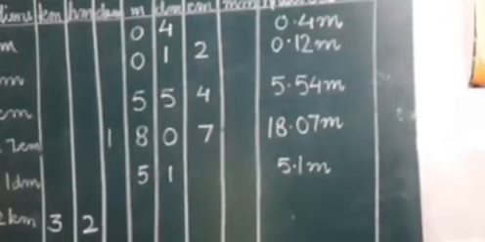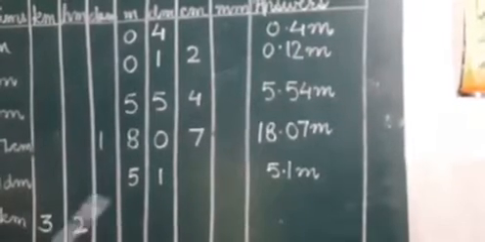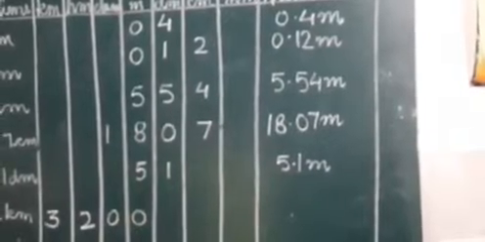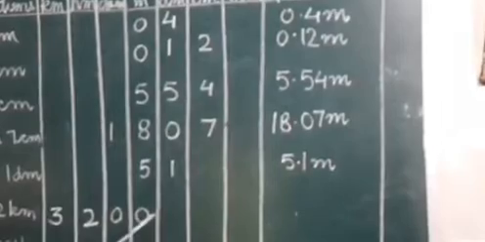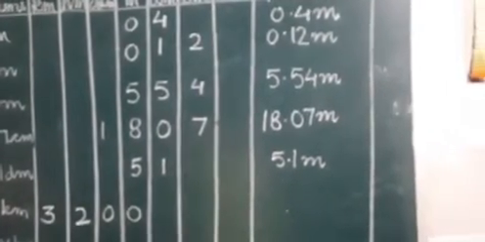Now we have to convert into meters. Now meters column is here. So these two columns are blank. So what we will do? We will put zeros over here. So my number will be 3200 meters. Now here decimal is not required. Why? Because we have no other number after this. So my answer will be 3200 meters.